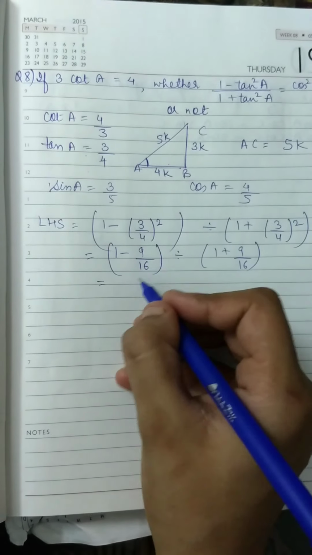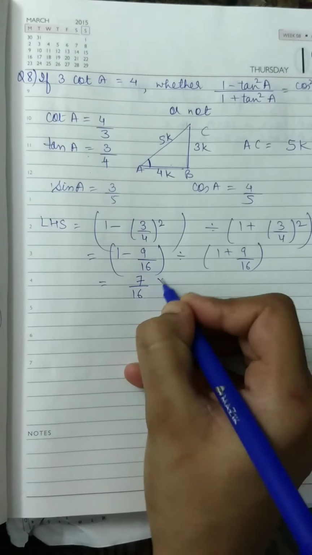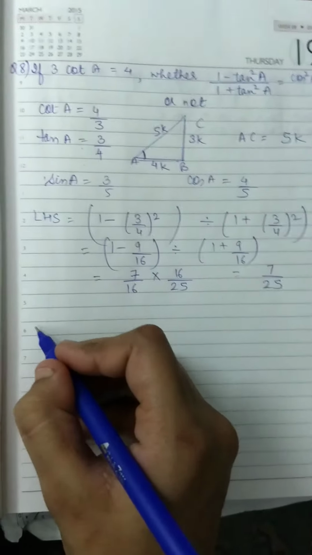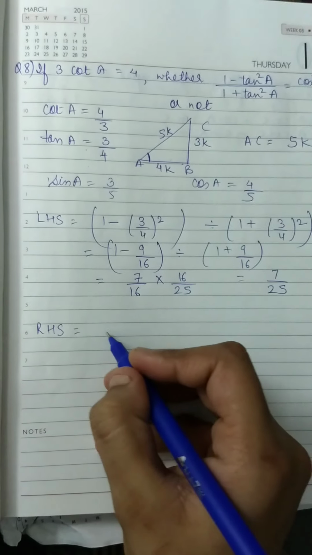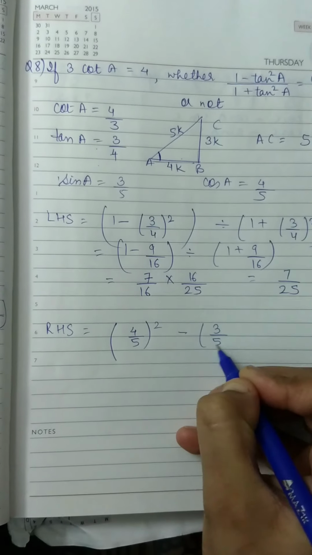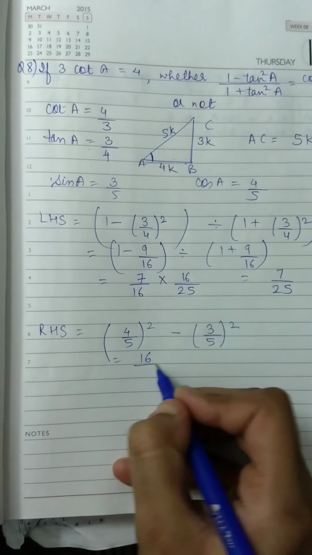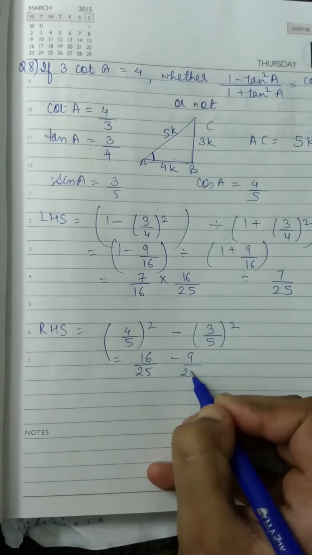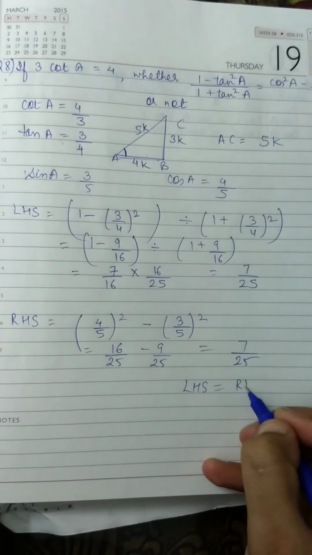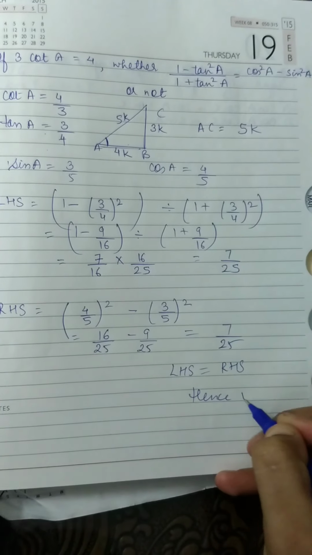This gives us 16 minus 9 is 7 upon 16, into 16 upon 25. So 7 upon 25. Now I'll solve RHS, cos square A minus sin square A. Cos square A will be 4 by 5 whole square minus 3 by 5 whole square. 16 upon 25 minus 9 upon 25, which is 7 upon 25. LHS is equal to RHS, hence verified.